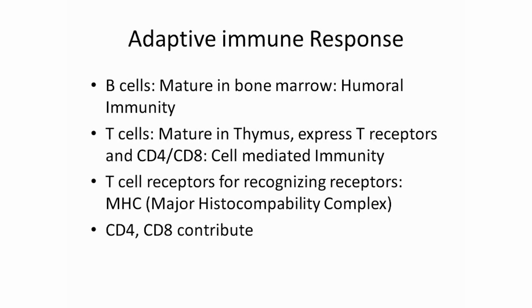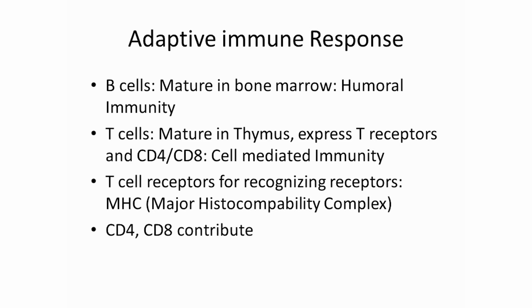Innate immune response, then the adaptive immune response, which comes later. The first line of defense is the innate immune response, that is non-specific. After that comes the adaptive immune response. It has B cells and T cells. B cells mature in bone marrow, that is humoral immunity, whereas T cells mature in thymus and express T receptors.